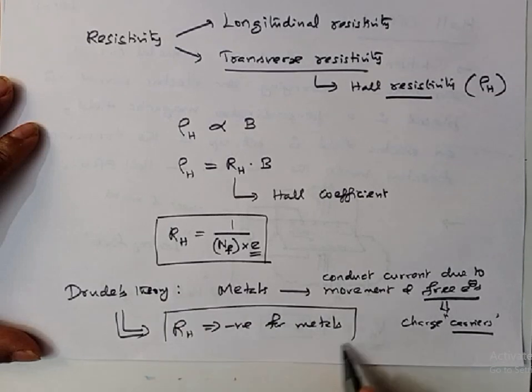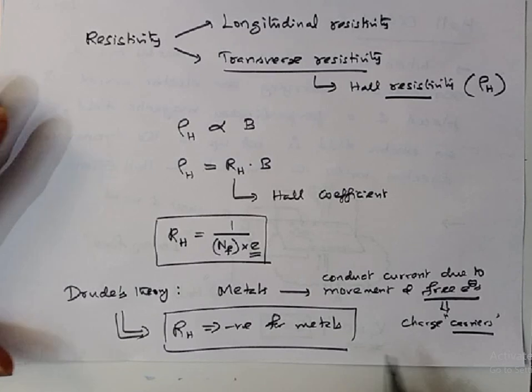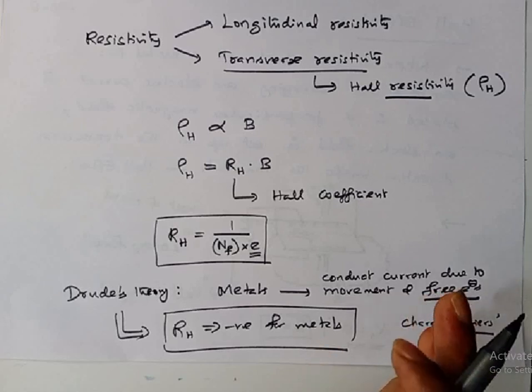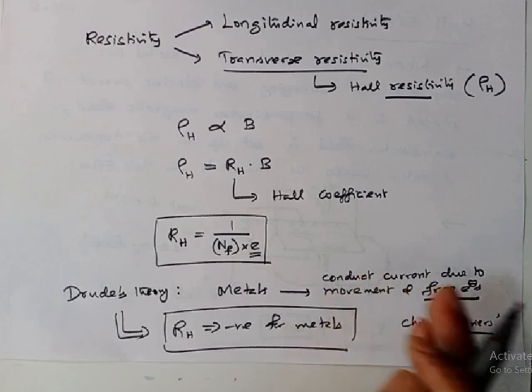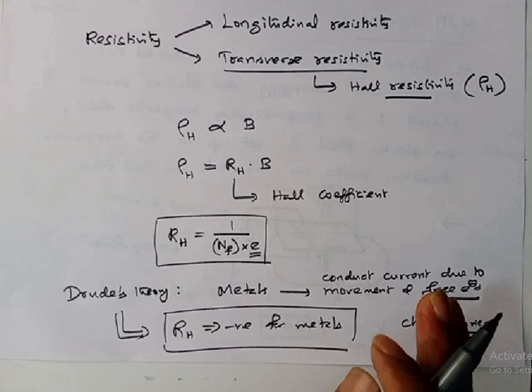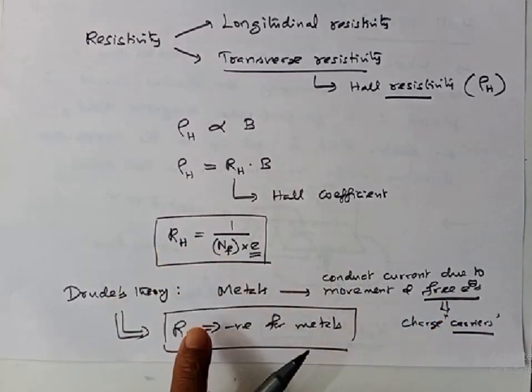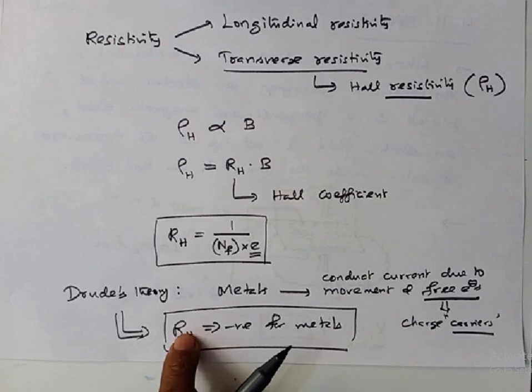Drude believed that in metals the current conduction takes place only due to the free electrons present, so the Hall coefficient for metals should be negative because electrons carry negative charge.